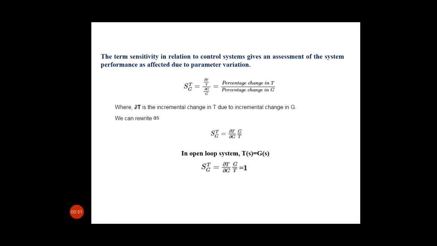Let the variable in a control system which changes its value be capital T, such as output, and this change is considered due to parameter variation of element. Element means capital G, such as gain, or it can be feedback path gain. Then the control system sensitivity is expressed as percentage change in capital T divided by percentage change in capital G.